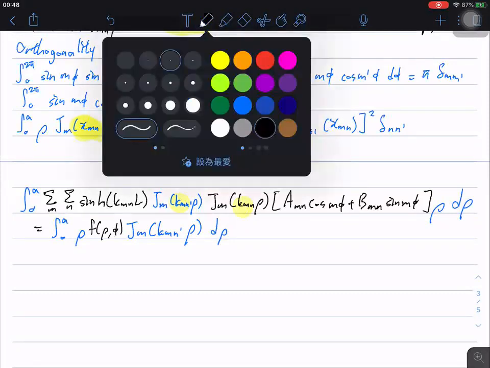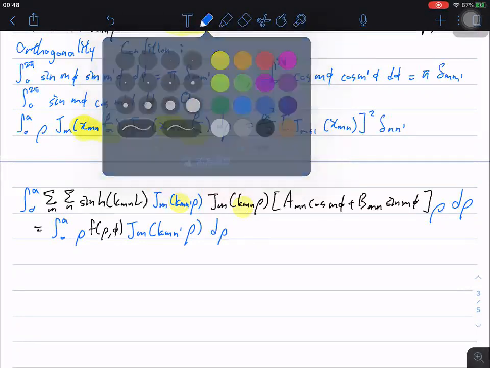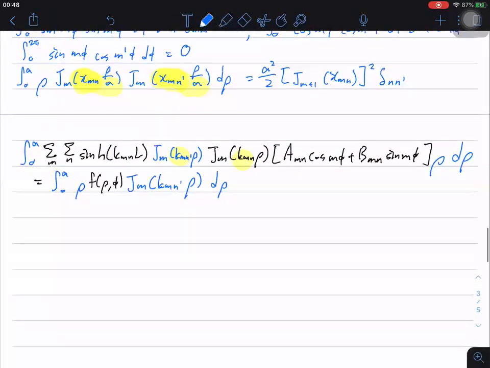So for the left-hand side, after you perform the integration, here I highlight using color red. In that integration, you can separate out all the rho dependence.